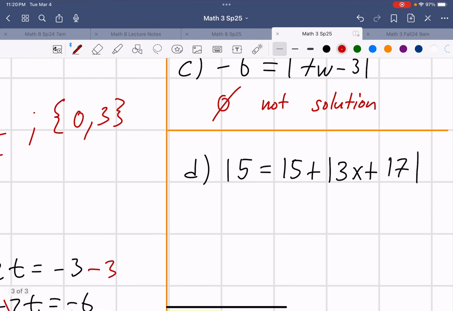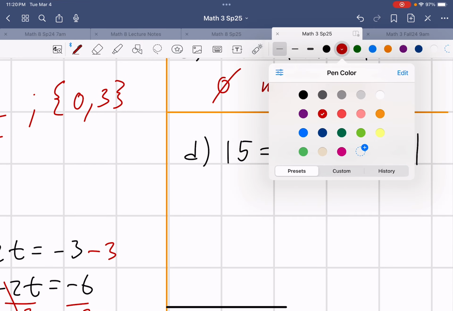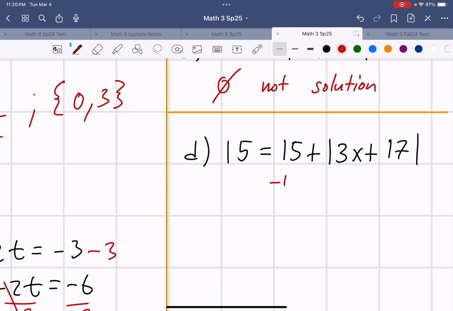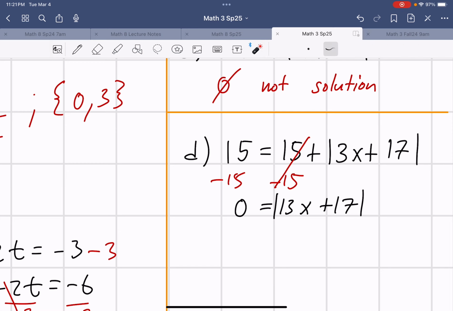Now if we look here, I'm going to subtract 15 on both sides. Unfortunately, that cancels the 15 on your left. You're left with 13x plus 7, still inside my absolute value. Now, once it's isolated, you should have noticed, wait, there's a 0 here. What do I remember about 0? There's only one way this outcome can be 0.